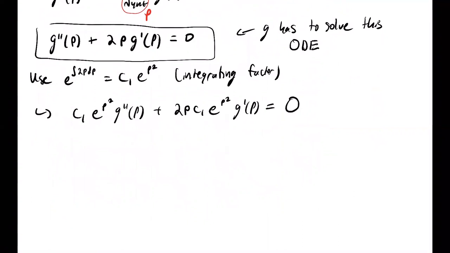And so you can observe that this is the derivative with respect to p of the function c1 e to the p squared times g prime of p. You can check this by hand right now if you want, or just remember that this is what the integrating factor is chosen to do. It's chosen to allow you to write the left-hand side in this way.